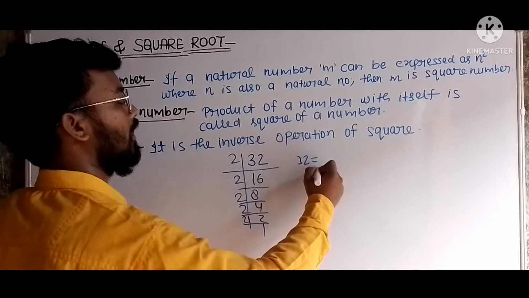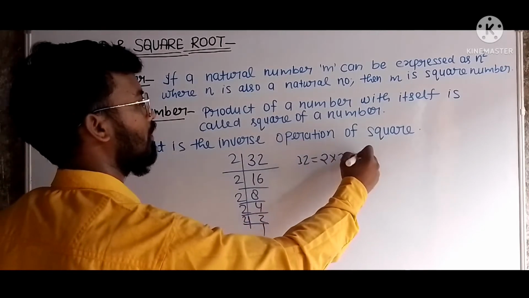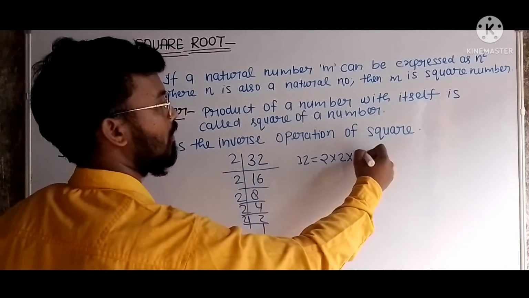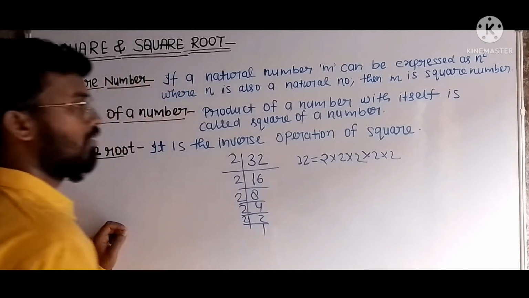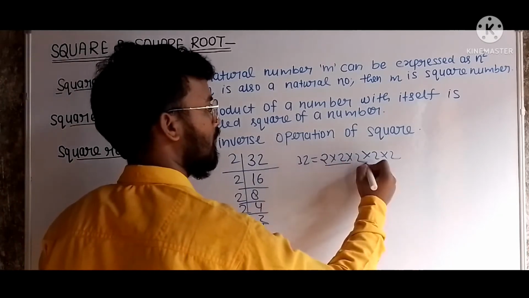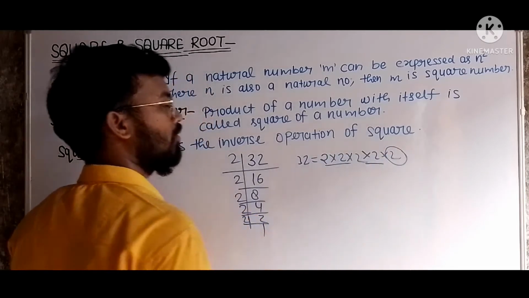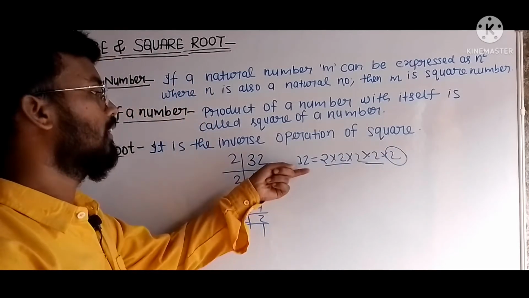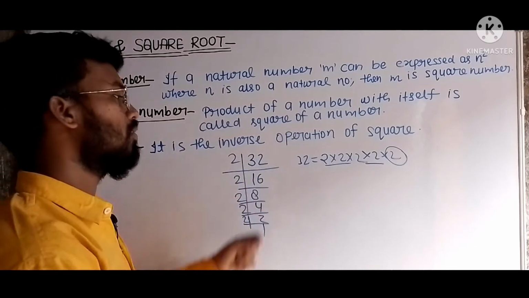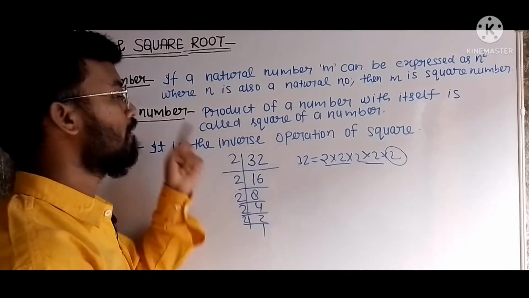After that, write it as the product of the obtained numbers. Now try to pair them up. Here when we pair up the numbers, we find that one 2 is left. That means 32 cannot be expressed in the form of n square, so 32 is not a square number.